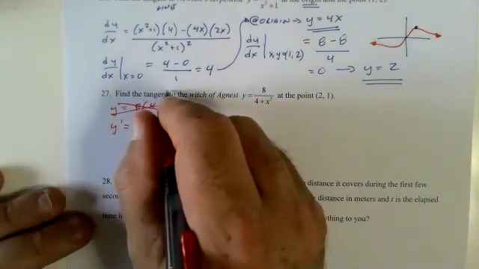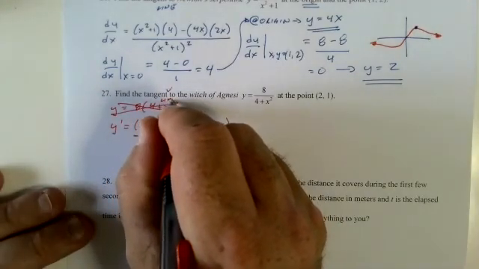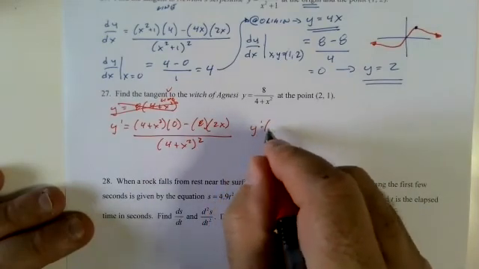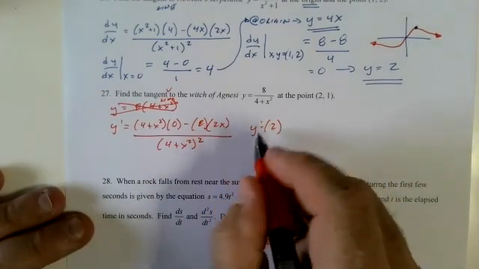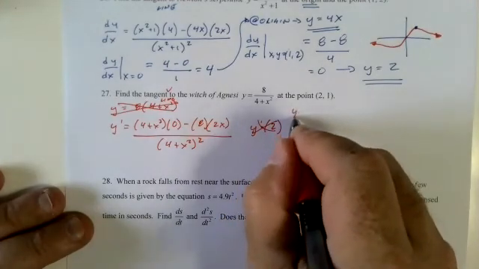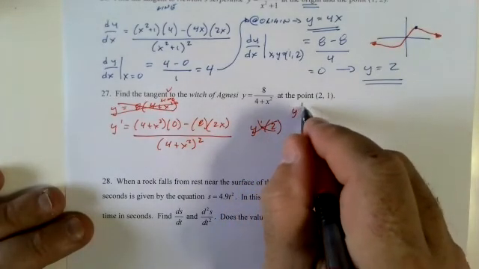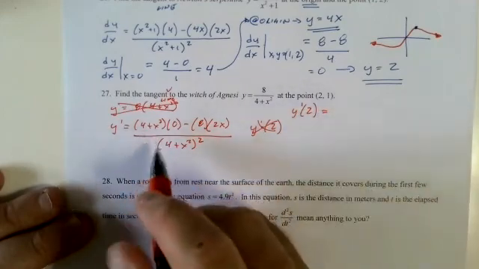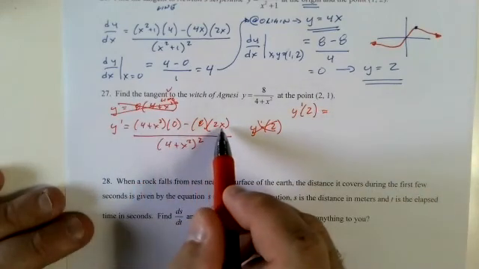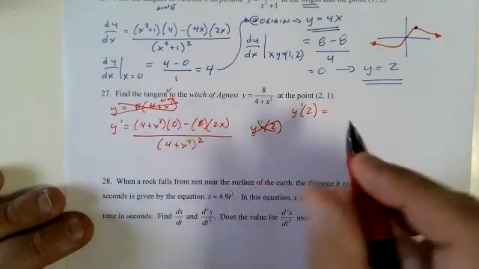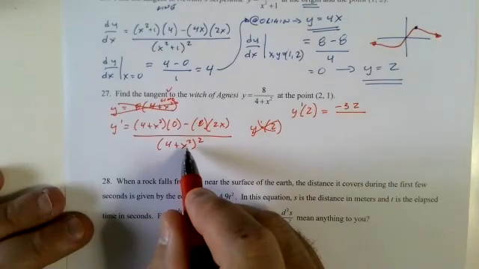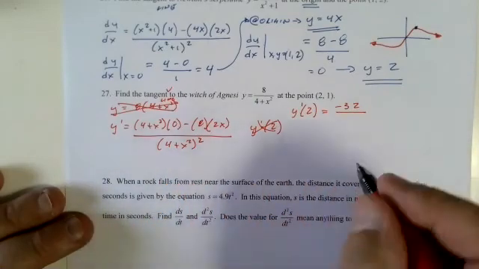Tangent line. Okay, so y prime of 2, that's 0, 4, 8, 32, negative 32, over 2 squared is 4 plus 4, 16 squared.